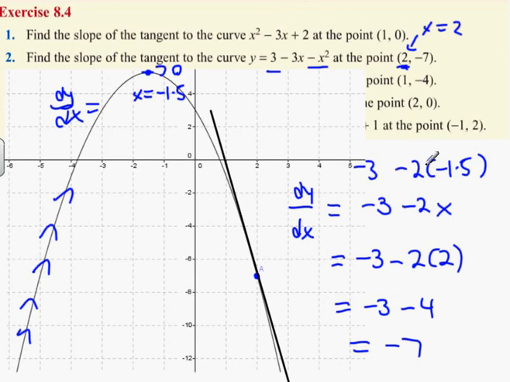It's going to be minus 3 plus 3. What's minus 3 plus 3? 0. And it tells us exactly what's happening. It will tell us what the slope is for any x value we want. Okay? So what we're asked to do was find the slope. We found the slope. Okay?